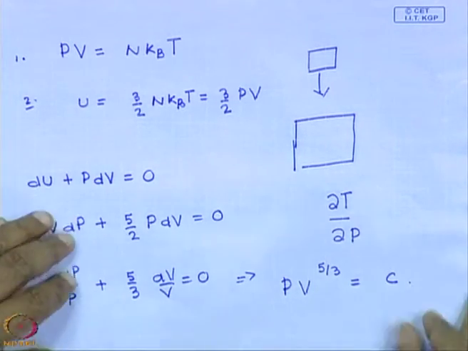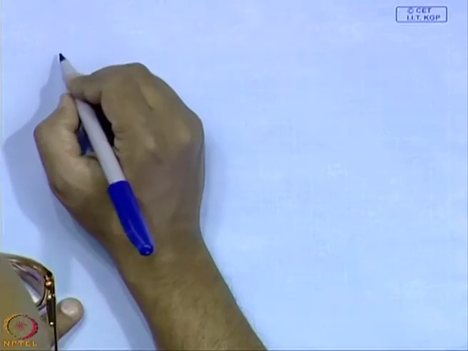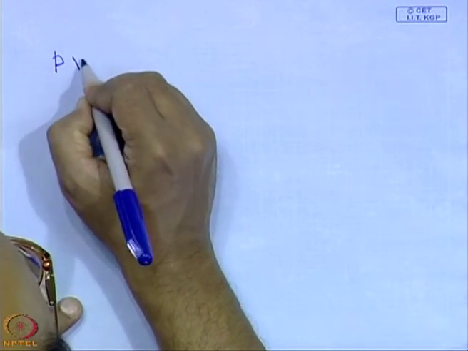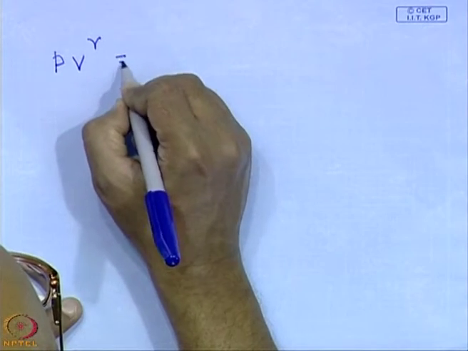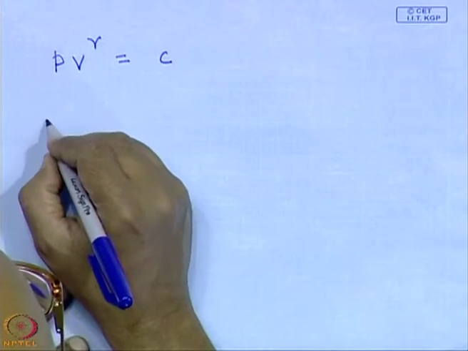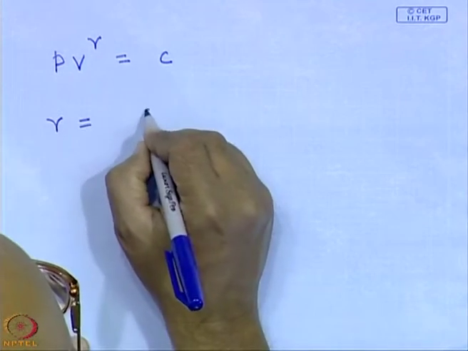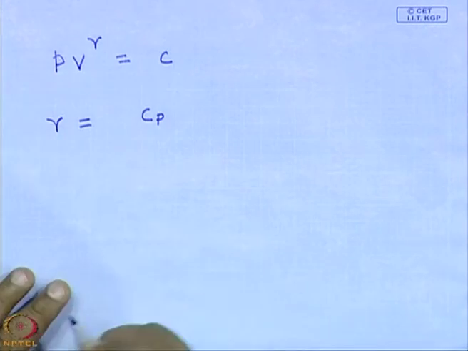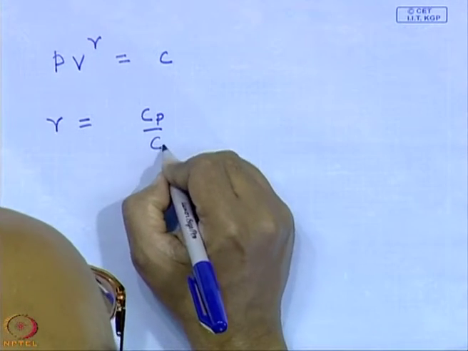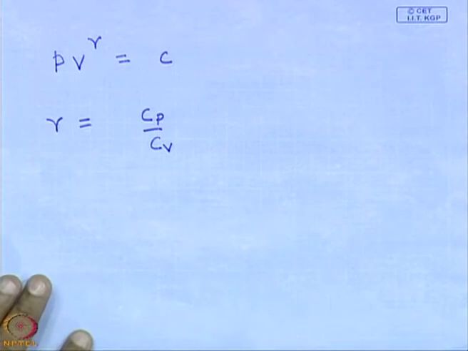Let me now just write down the general thing. In general, PV to the power gamma is a constant, where gamma is the ratio of the specific heat at constant pressure to the specific heat at constant volume.